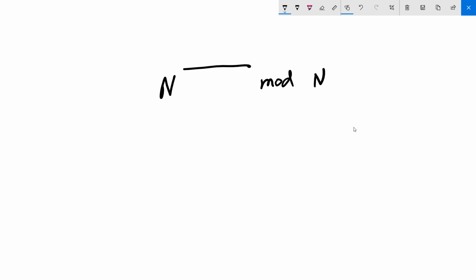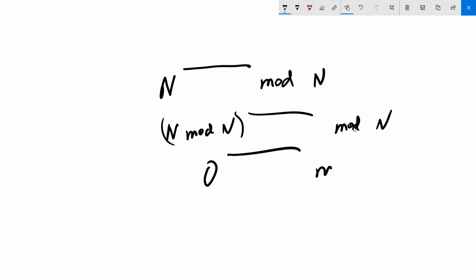Another way to do it is to use some of the properties that we found. I can rewrite this as n mod n to the giant power mod n. And n mod n is just 0, to some massive power mod n. So that's going to be 0. Okay? But there's one other case that's easy besides that.